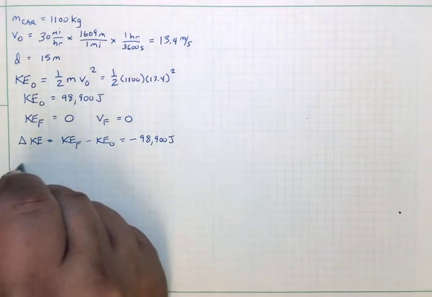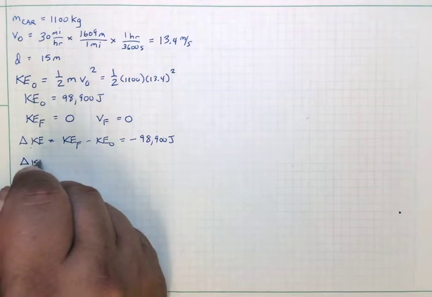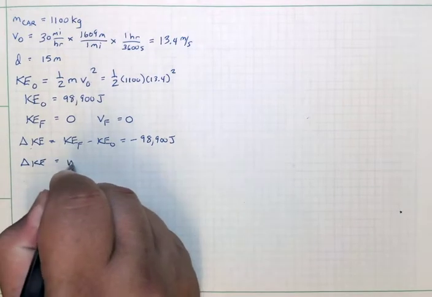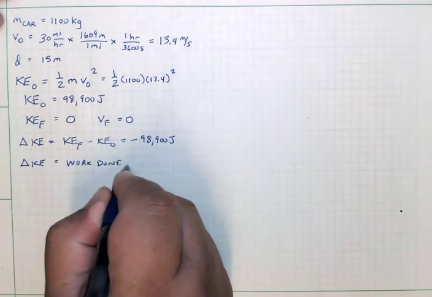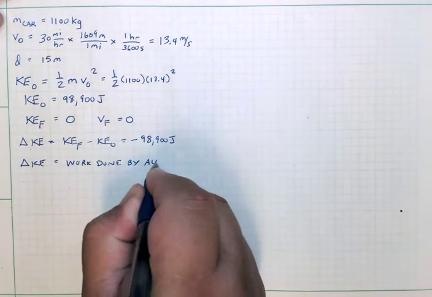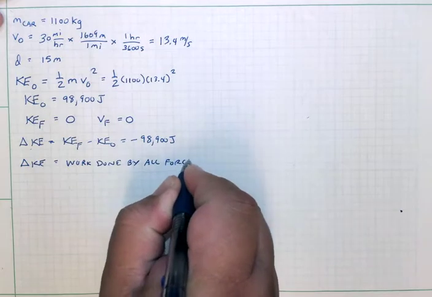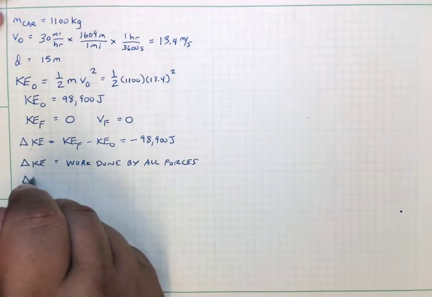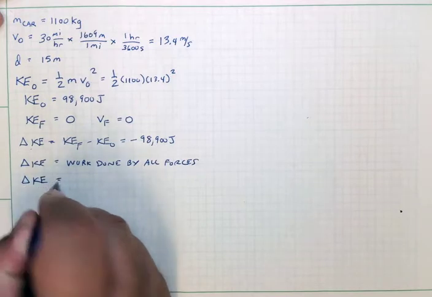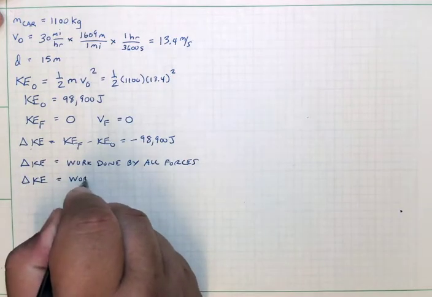Well, the work-energy theorem tells us that the change in kinetic energy is equal to the work done by all forces. The work done by all forces, and in this case, the only force doing work on the car is going to be friction.